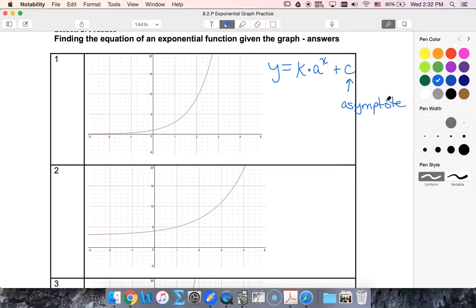So remember, all exponential graphs have a horizontal asymptote at y equals c. In this case, looking at this one, my asymptote is the x-axis. The equation of this line is y equals 0, which tells me that my c value is 0.